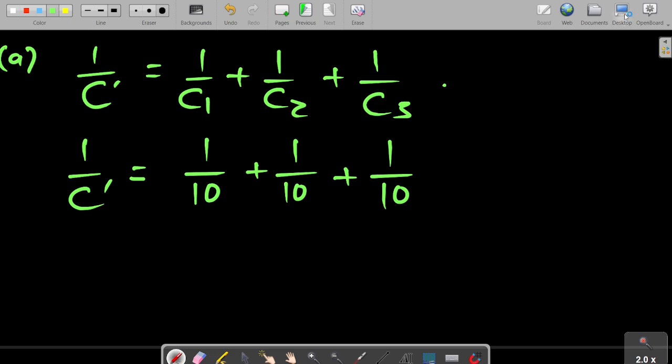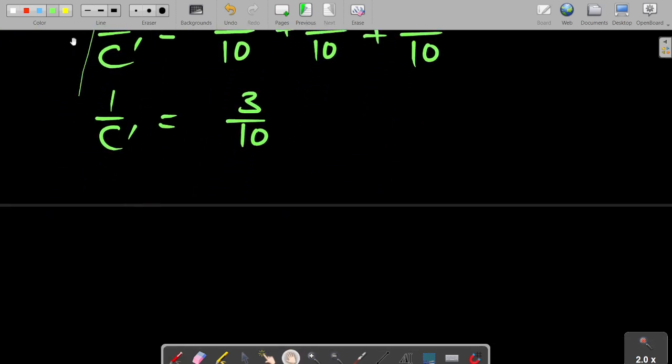If we simplify this, it becomes 3 by 10, so C dash is equal to 10 by 3 microfarad. So we have got the equivalent capacitance C dash of C1, C2 and C3 in series combination.